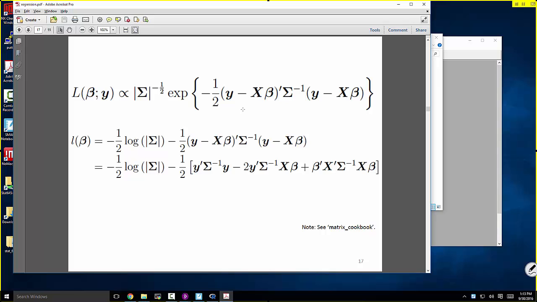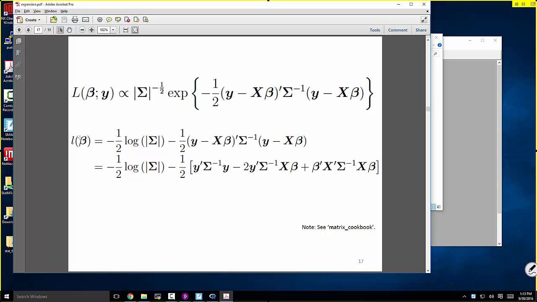This is just the multivariate version of that normal likelihood we saw earlier. I'm not expecting you to be able to reproduce the math that follows, but just follow along as well as you can. We're mimicking what we did earlier with a univariate normal likelihood.